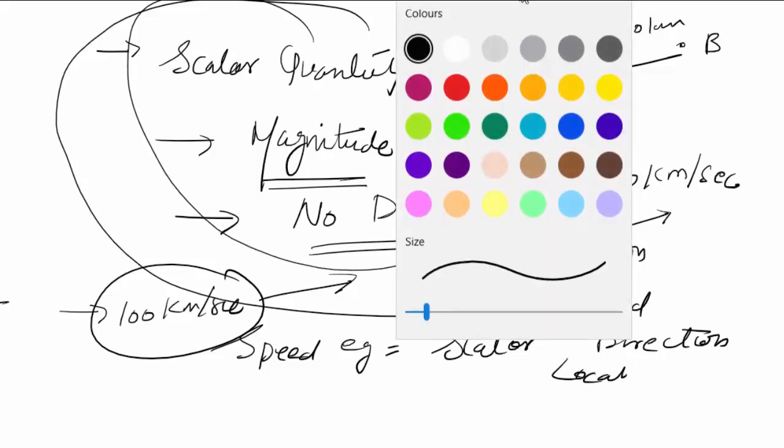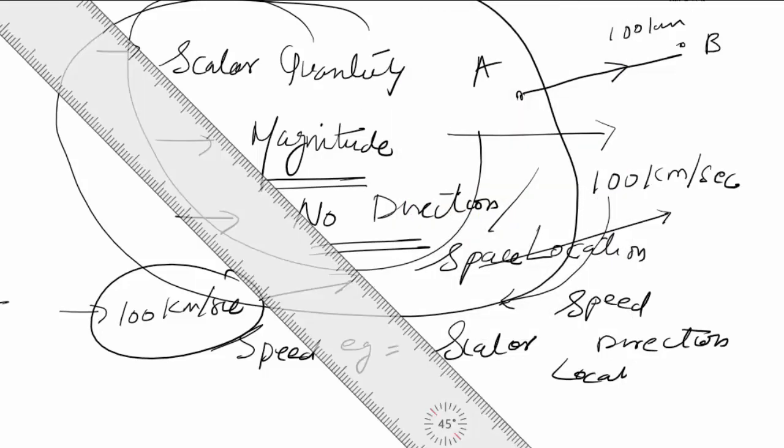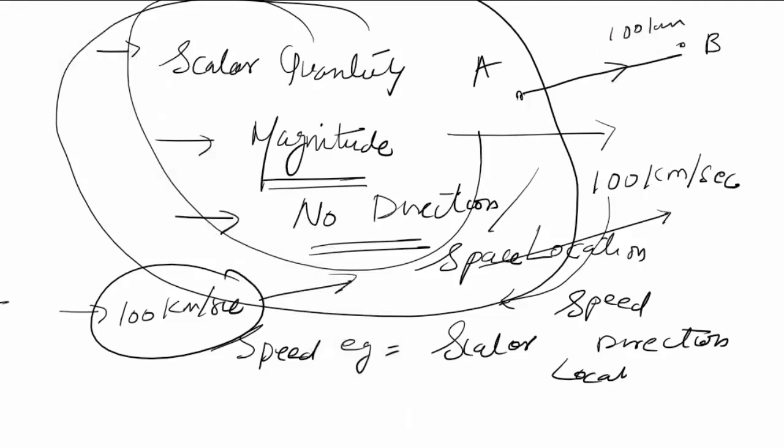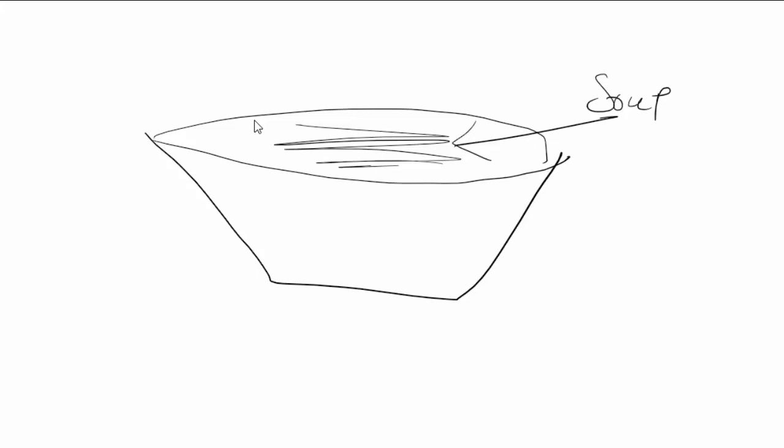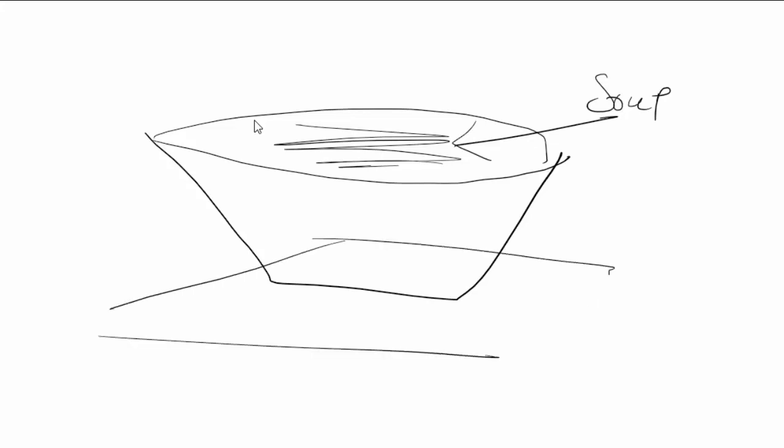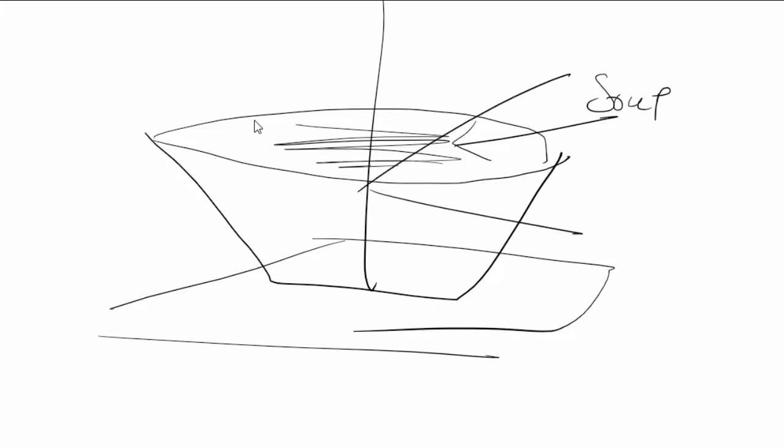Taking a more detailed example, say there is a bowl filled with soup, and this soup is located on a table, or it could be located in the XYZ space.